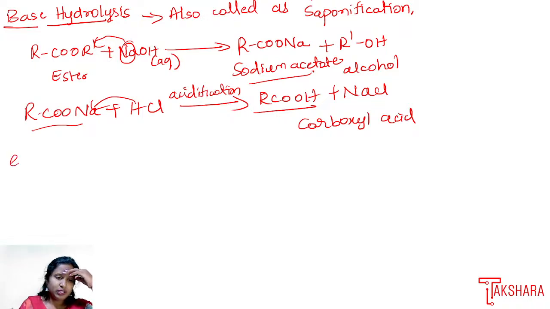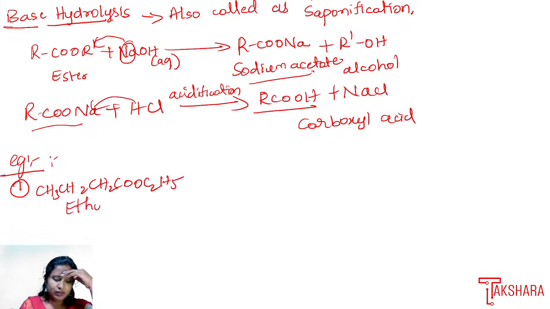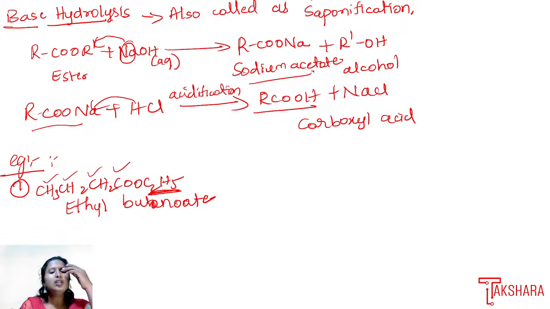Next, let us take an example. The first example is CH3CH2CH2COOC2H5, which is ethyl butanoate. This is the ethyl group, and here there are 1, 2, 3, 4 carbon atoms, so we call it butanoate.